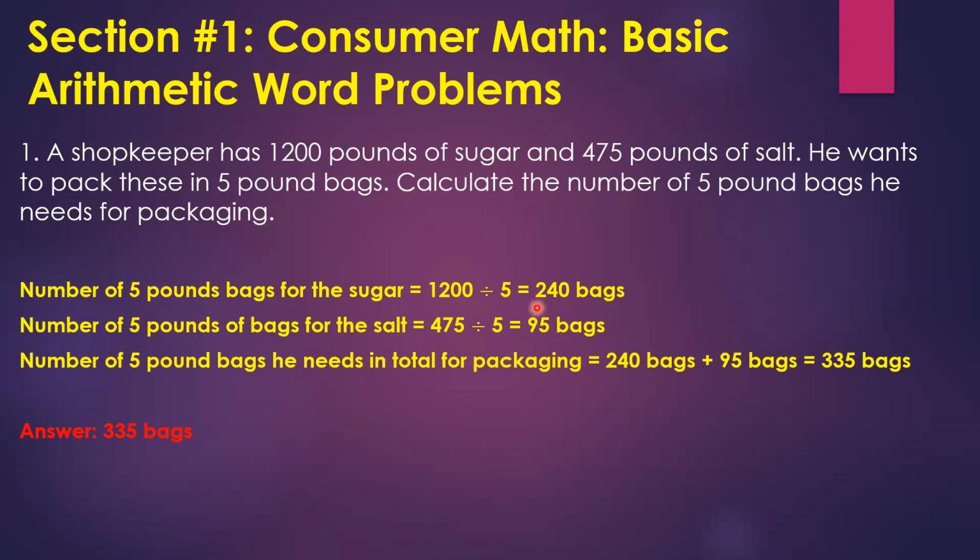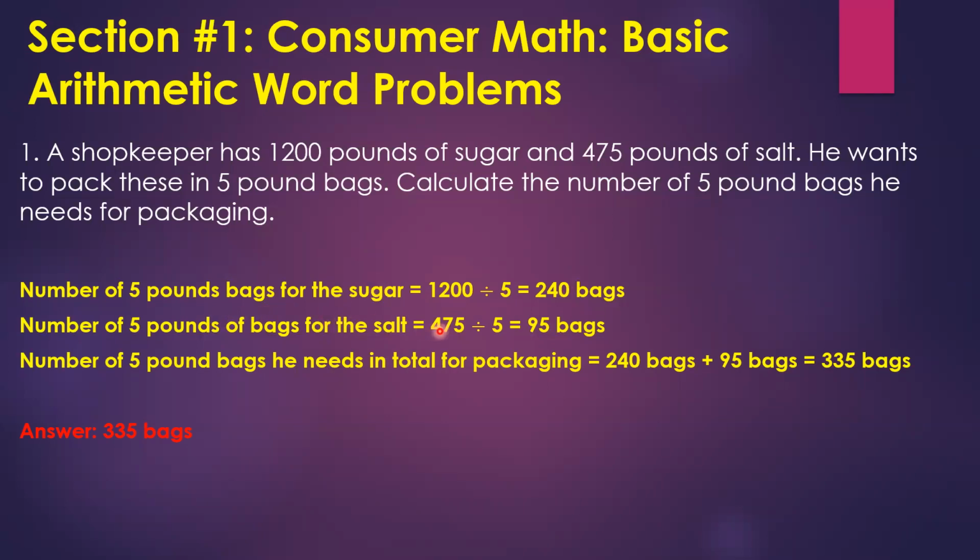Very good. So we need to first figure out how many 5-pound bags of sugar he could package. We know that there are 1,200 pounds of sugar, so we take 1,200 and divide it by 5 to get 240. Then we also know that there are 5-pound bags of salt.